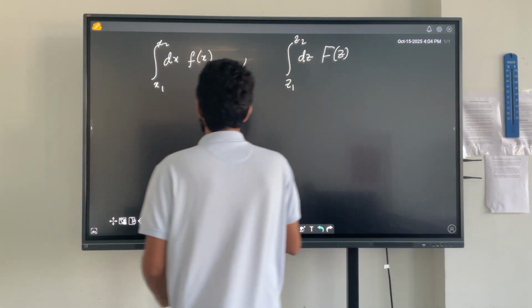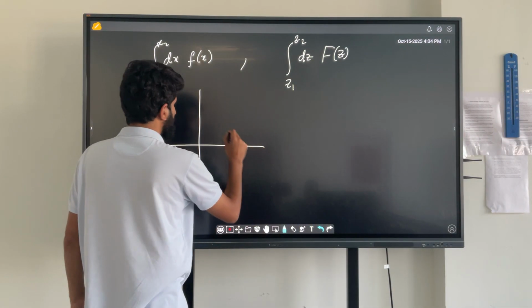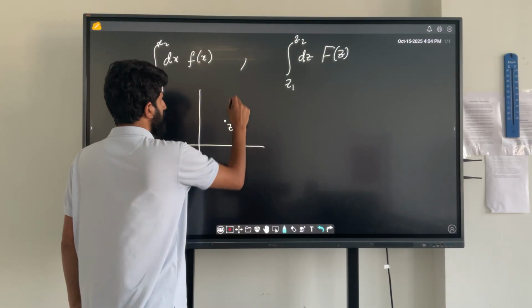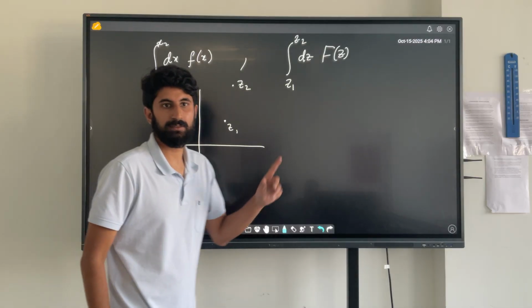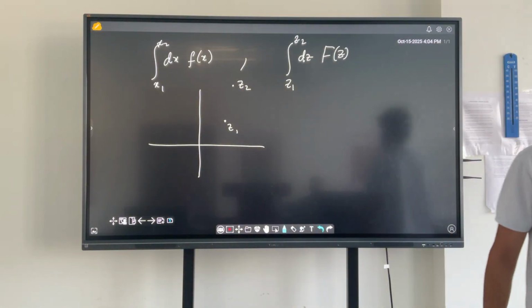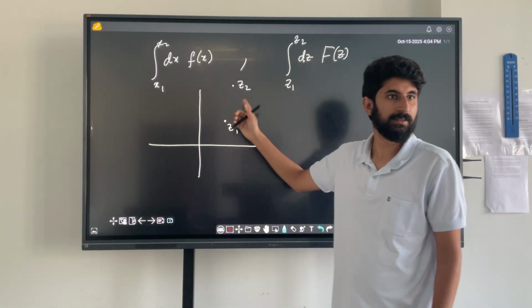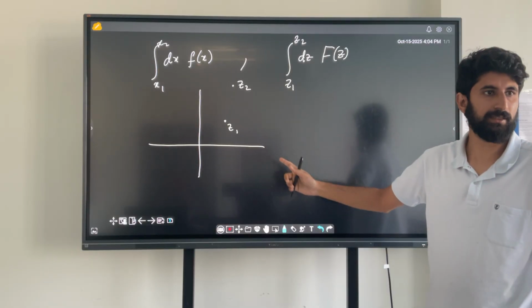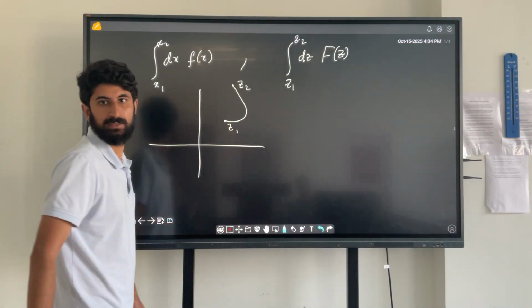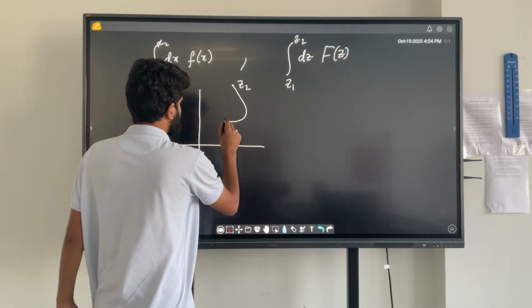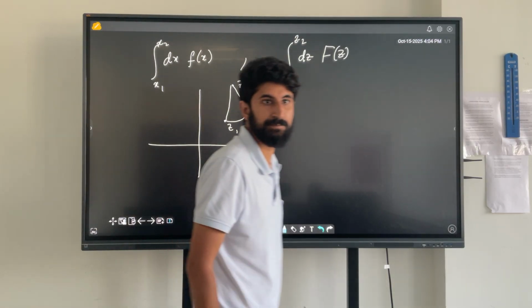What does it mean graphically? Take z1 and take z2, integrate f of z. But that does not make sense, because you have to ask me which path should I take to integrate. Is it this one? Or is it one which goes straight?